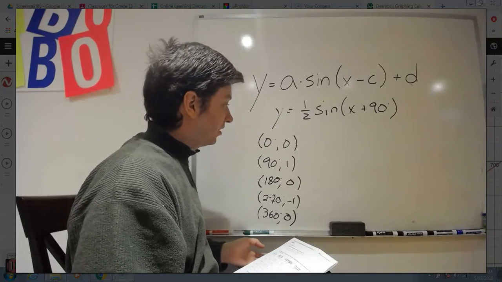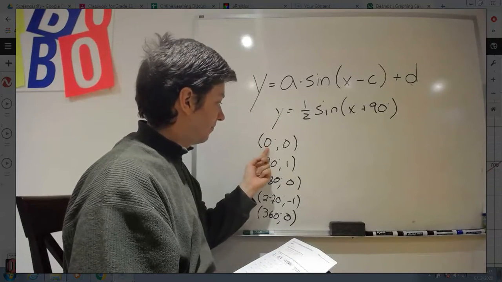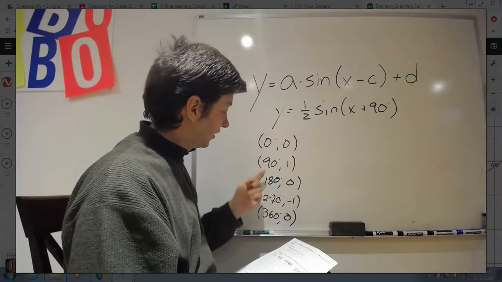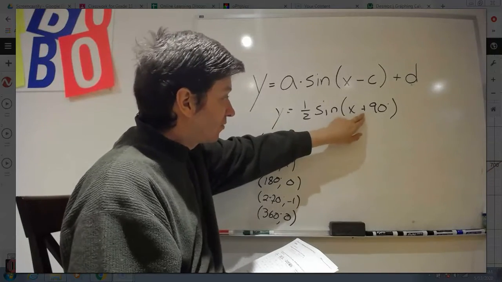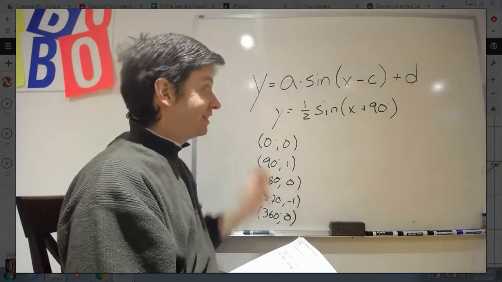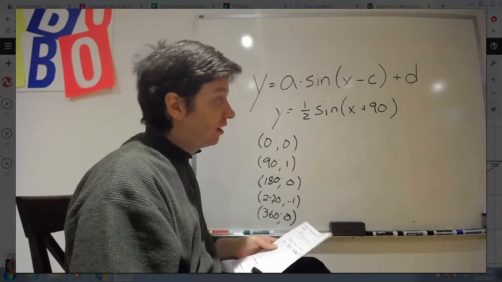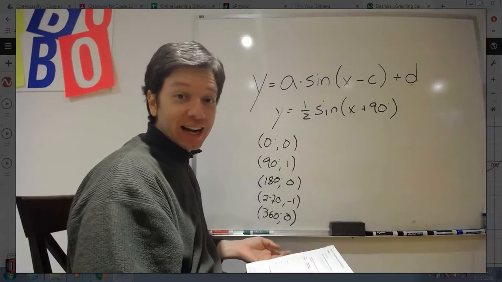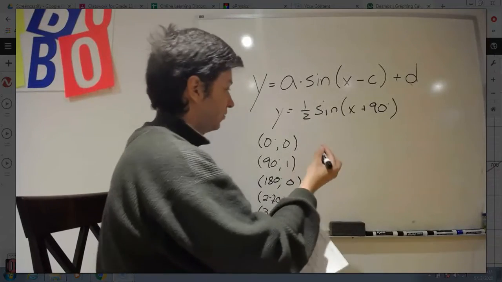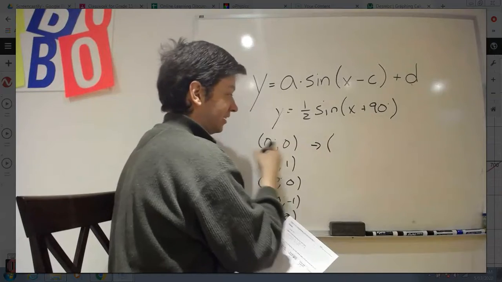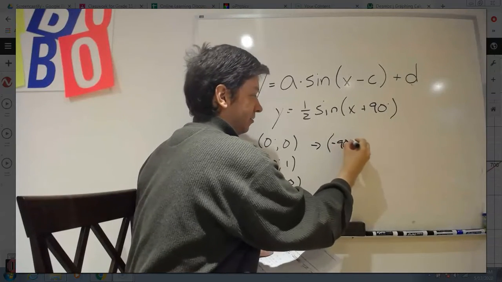All right, first we can transform the x coordinate, which is our degrees, right here. So if we're adding 90, that means C is actually -90. Remember, it's a reverse sign. So we're moving 90 degrees to the left. So our first x-coordinate, subtract 90 would be -90.